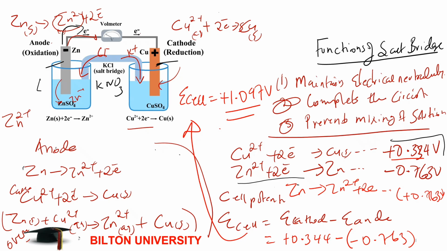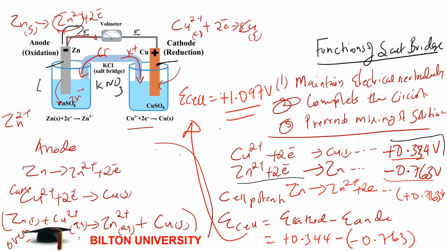You may ask yourself, but we reversed the reaction for zinc, so why are we still putting minus here? This is the convention. We say E cathode minus E anode. We still maintain the standard potential for the zinc anode the way it is given, and that does not change.